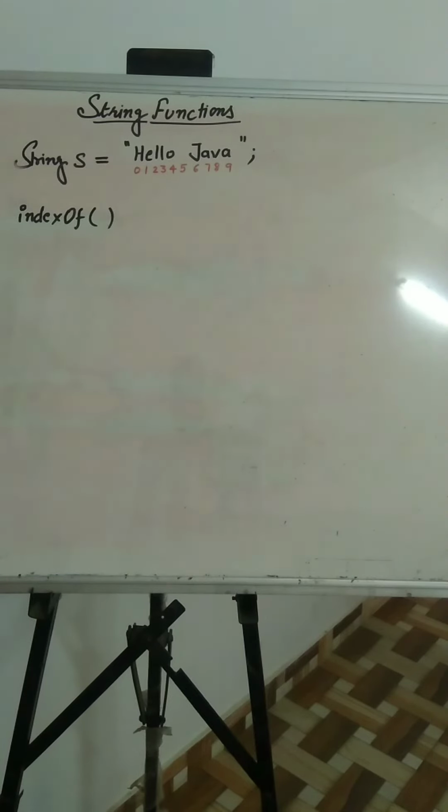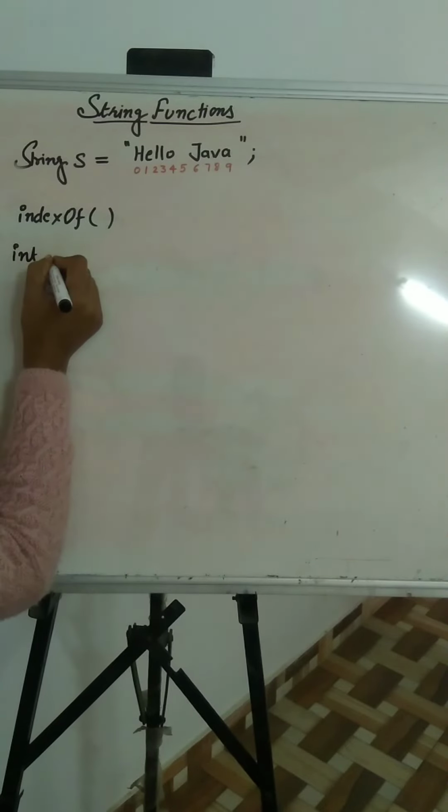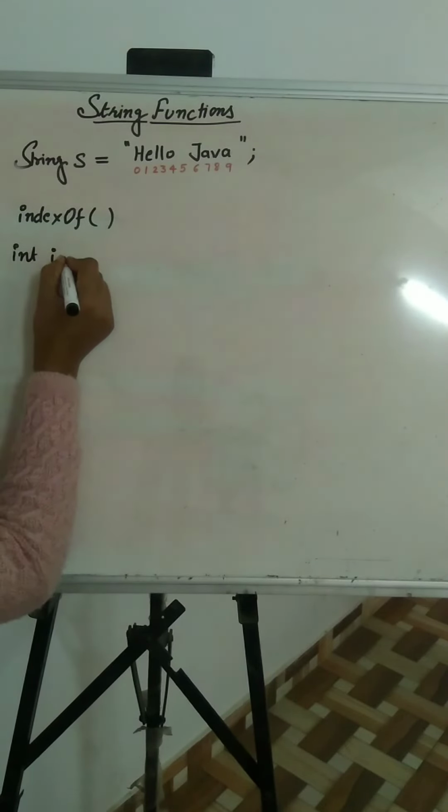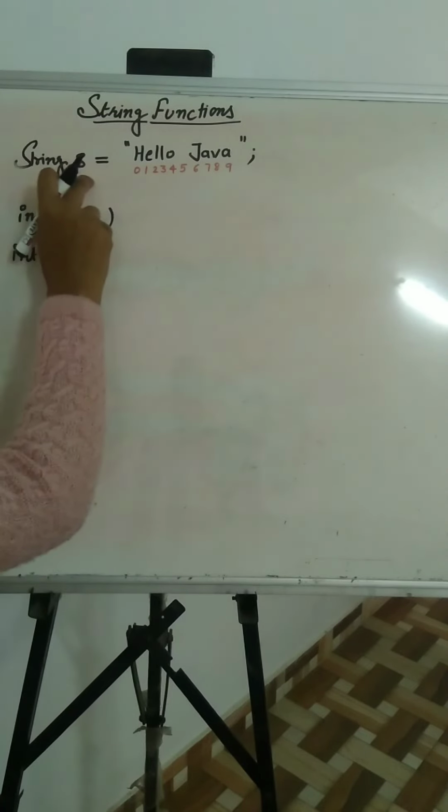This function returns the index position of a character in the string. So if it returns the index position, it is stored in integer type. Suppose I am taking int i equals, suppose we have to find the index of v in the given string.